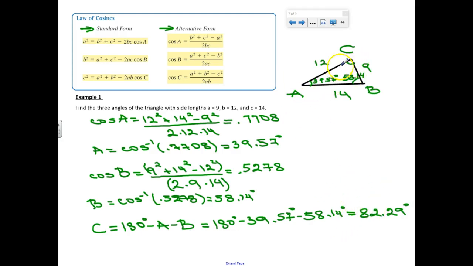And we have found all the angles in that triangle.